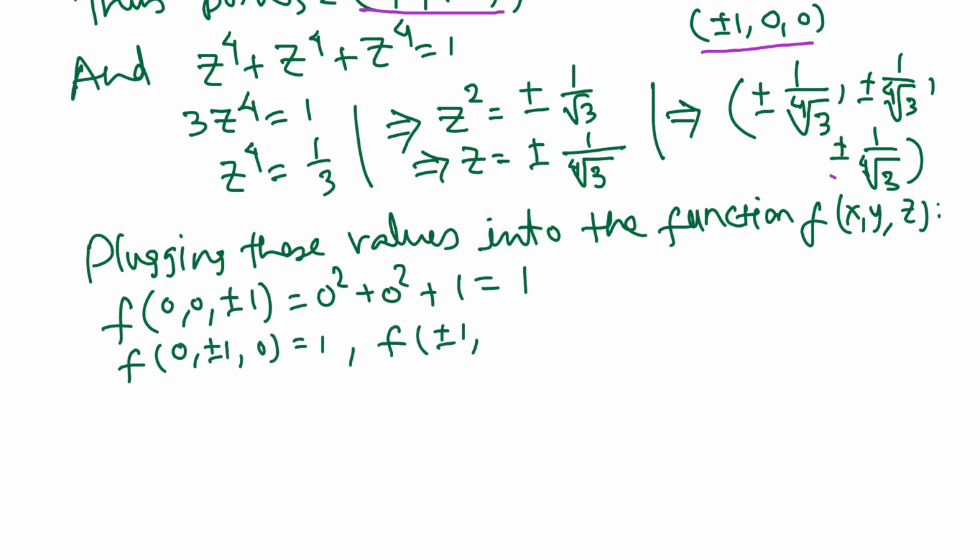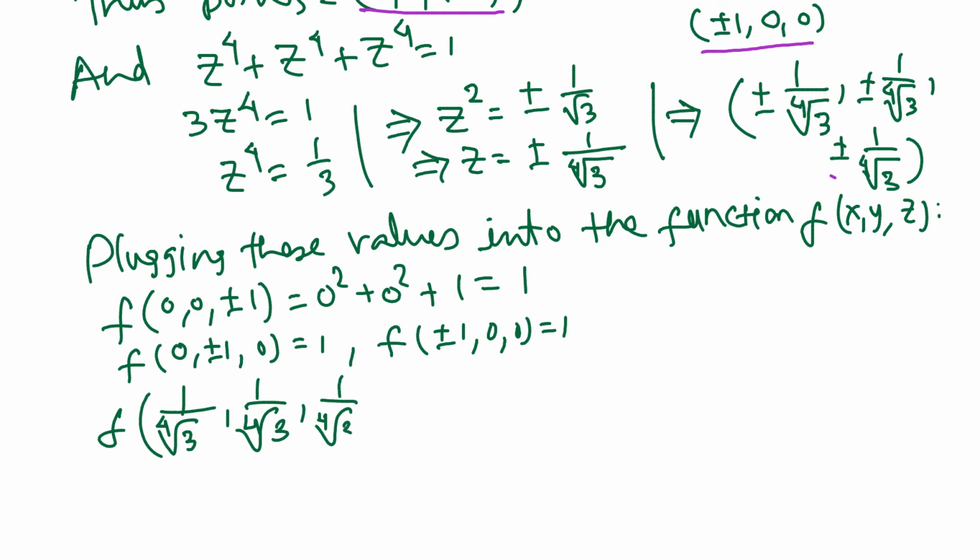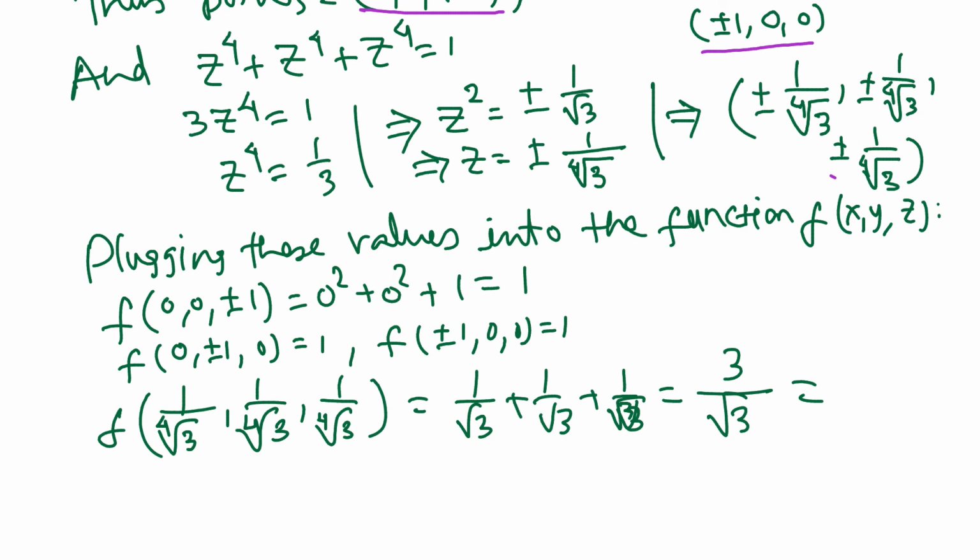f of plus or minus 1, 0, 0 is also 1, and we have one last point, f of 1 over the fourth root of 3 in each coordinate. Squared, each is 1 over root 3, so we have 3 copies of 1 over root 3. Since 3 is root 3 times root 3, one copy of root 3 cancels, leaving root 3.